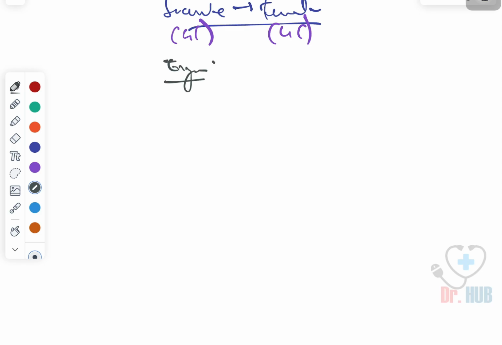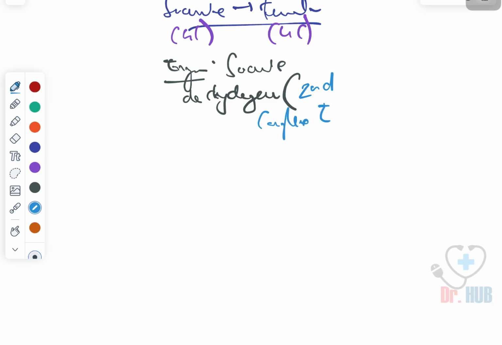The enzyme here is succinate dehydrogenase, part of the second complex of the ETC. The cofactor here is FAD as well as the FeS protein.